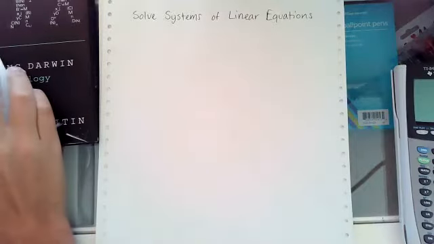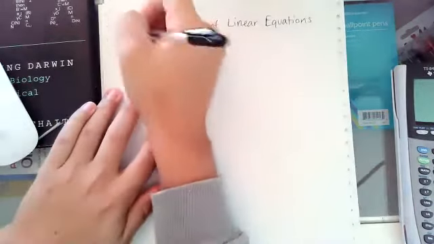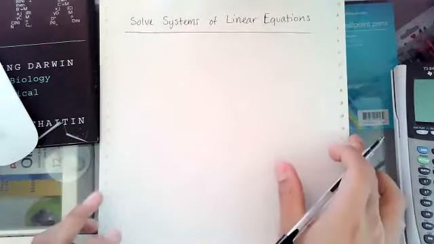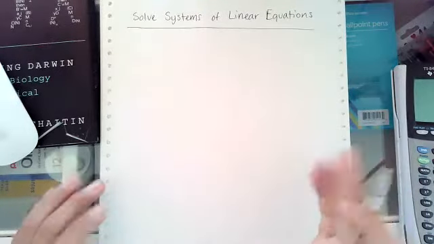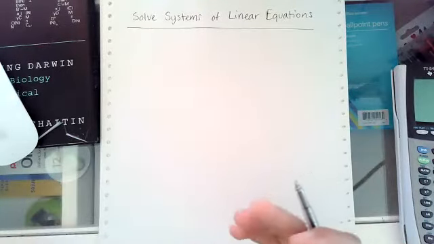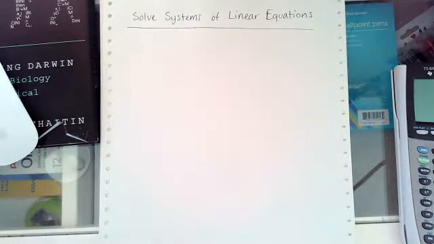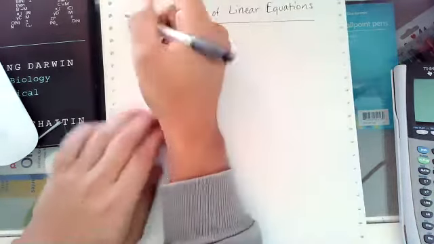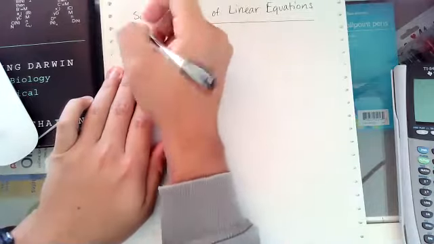Okay. So to recap, we're solving systems of linear equations. In the homework and on the test, we're going to be given two linear equations that we could, in theory, graph simultaneously, and that might look something like this.